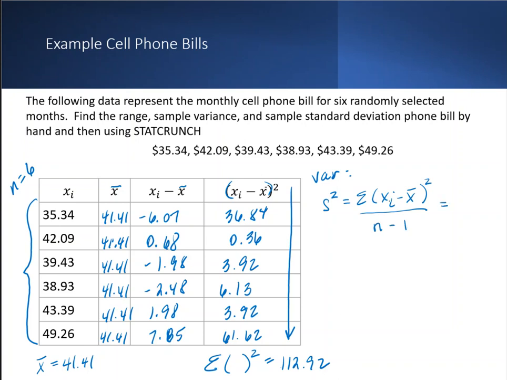Now remember, x sub i minus x bar squared is the very last column here, and when I added all of them together to take the sum, I got 112.92. We're going to divide that by my sample size of 6 minus 1, which is 5. So 112.92 divided by 5 is 22.58. So that's our variance.